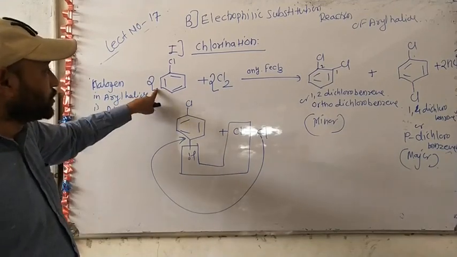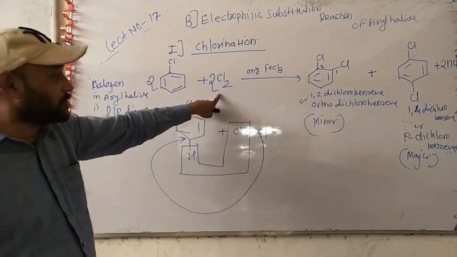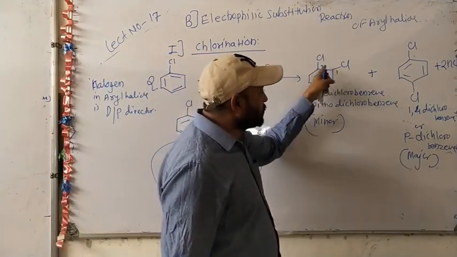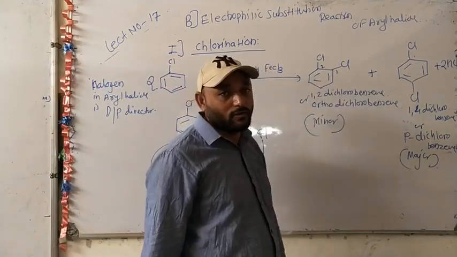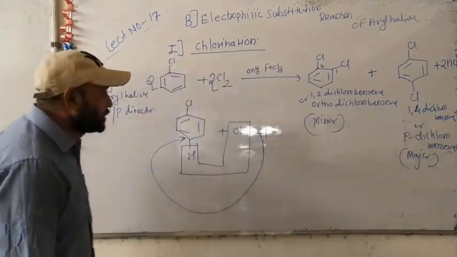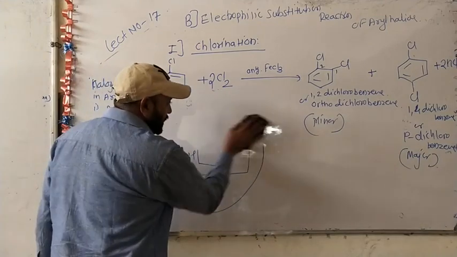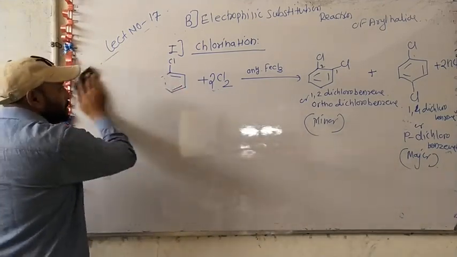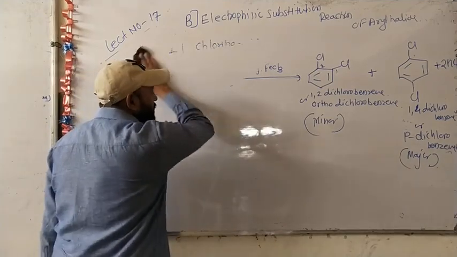That's why we have 2 times chlorobenzene and 2 times chlorine molecule, so as to form two products, 1,2-dichlorobenzene and 1,4-dichlorobenzene. Here, 1,4-dichlorobenzene is a major product. This is the end of chlorination reaction of chlorobenzene, that is electrophilic substitution reaction.